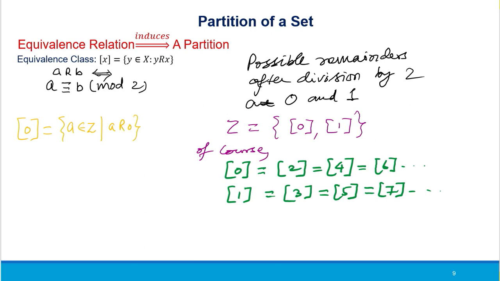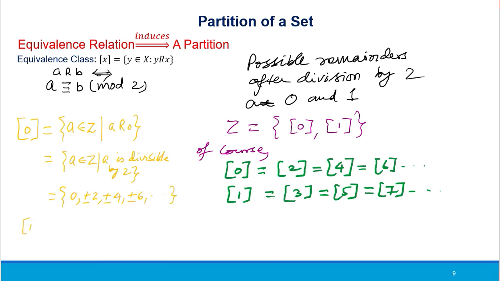It means all the elements present in set Z such that A is divisible by 2. And this simply means that these are the elements 0, plus minus 2, plus minus 4, plus minus 6 and so on. So this is the equivalence class 0.